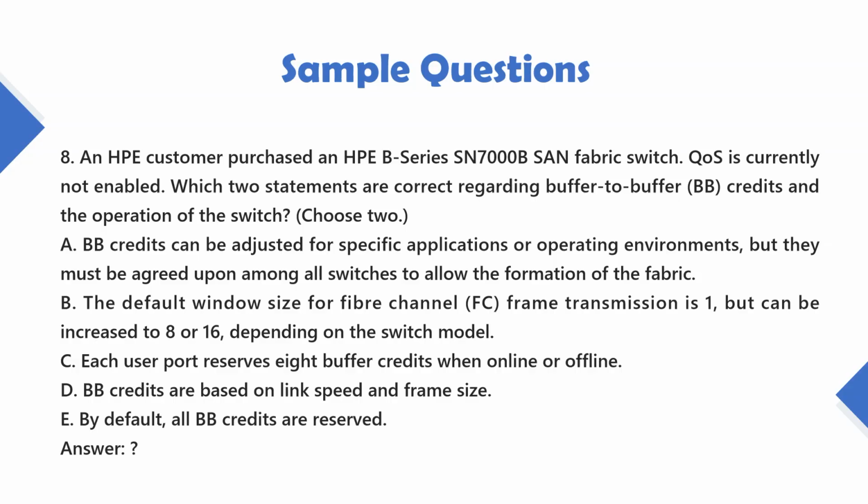B. The default window size for Fibre Channel, FC, frame transmission is 1, but can be increased to 8 or 16, depending on the switch model. C. Each user port reserves 8 buffer credits when online or offline. D. BB credits are based on link speed and frame size. E. By default, all BB credits are reserved.